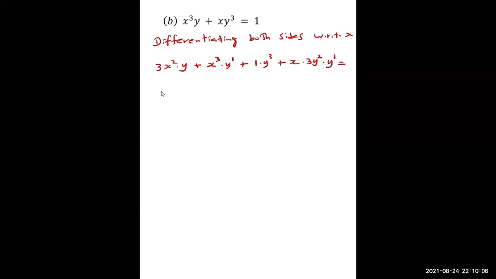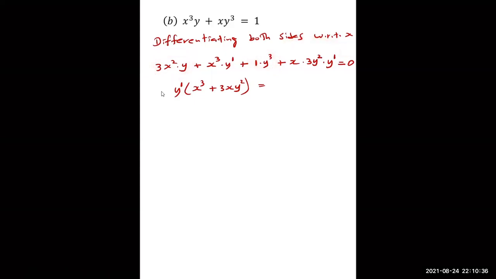This is equal to, what is the derivative of 1 with respect to x, which is 0. Derivative of a constant is 0. Now again, I'm going to do the same trick. I'm going to pull out y prime. If I pull out y prime, you get y prime times x cubed plus 3xy squared. And at the same time, I'm going to send these two terms to the other side.